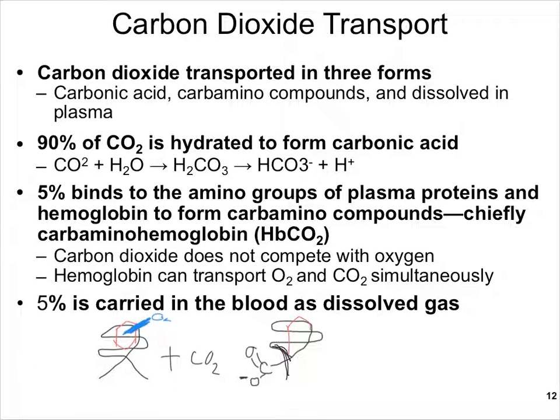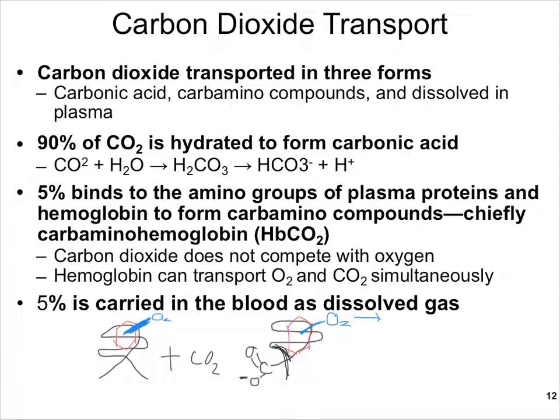That twisting basically squeezes the heme group, shifts it a little bit, so that the heme group has less binding to the oxygen, which makes the oxygen more likely to leave.